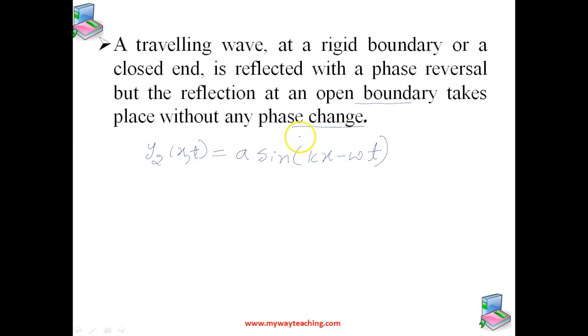At a rigid boundary, the reflected wave is given by, if the boundary is rigid, then the wave is reflected.